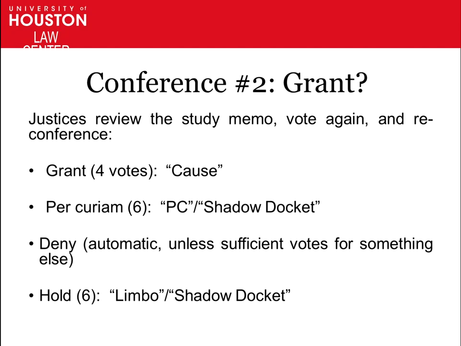The court could also decide, at the study memo stage, to say, this isn't so important to the jurisprudence that we need to have oral argument, but this was a pretty big mistake at the Court of Appeals, and we think we need to fix that. And so they might decide to issue a per curiam opinion.